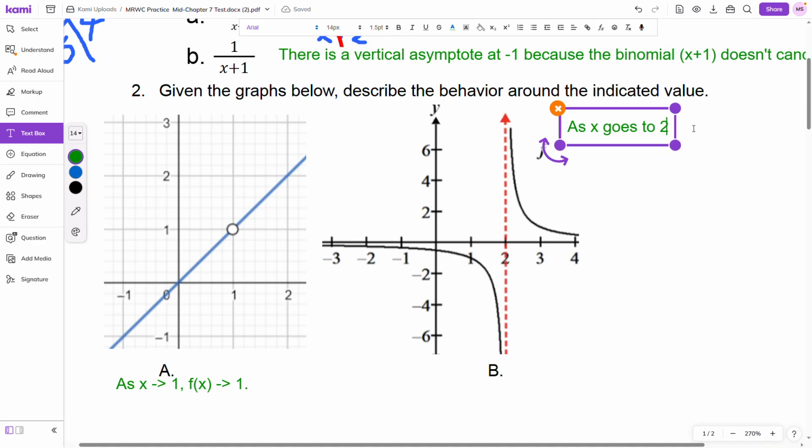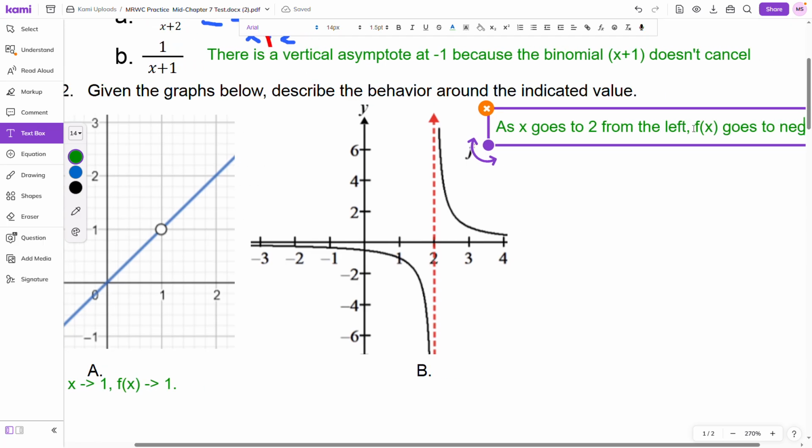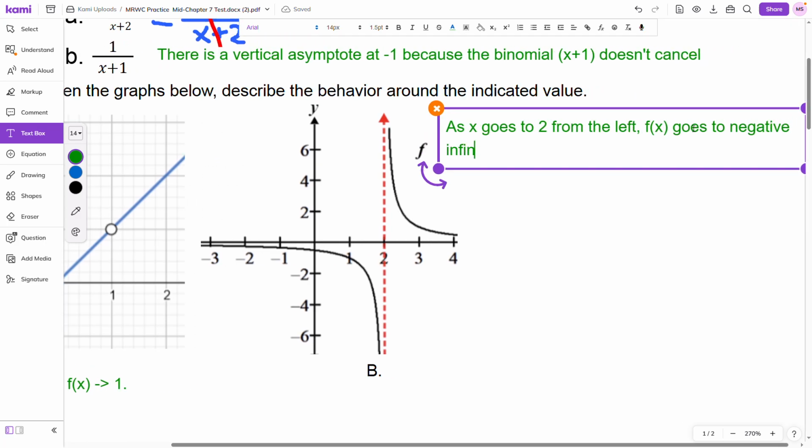So you can say as x goes to 2 from the left, f of x goes to negative infinity. I have the little symbol too that I could use. I kind of like the symbols, but it's fine. We'll just use the words.